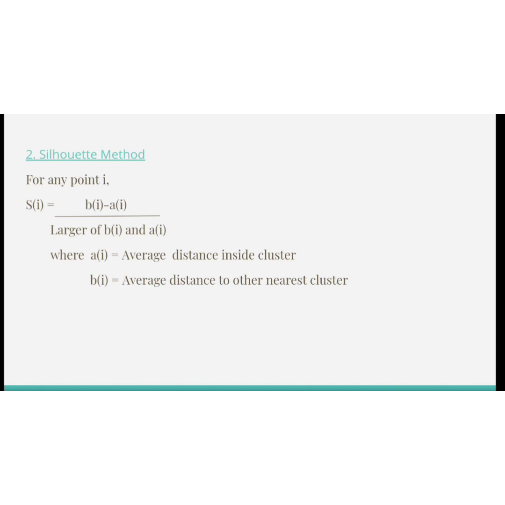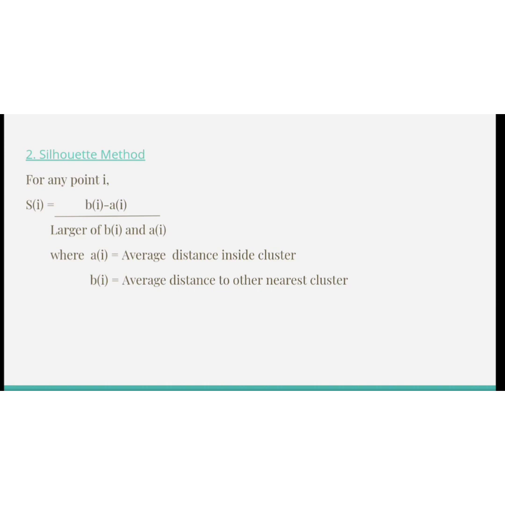So in case of b(i), we will take all the distances between all the other points and this i, and then we will take the average. And the larger among a(i) and b(i) will be the denominator.